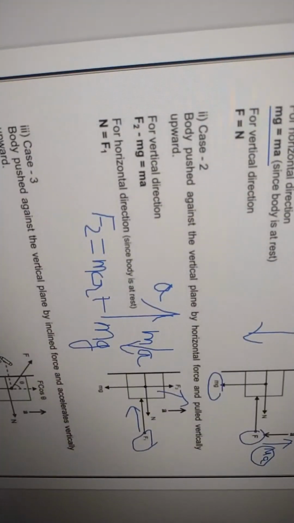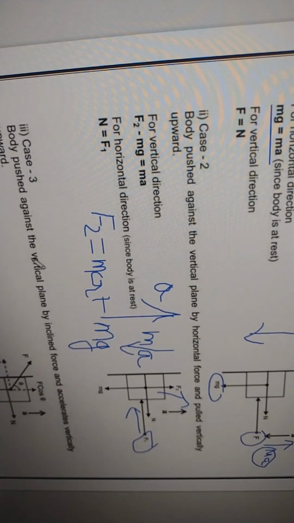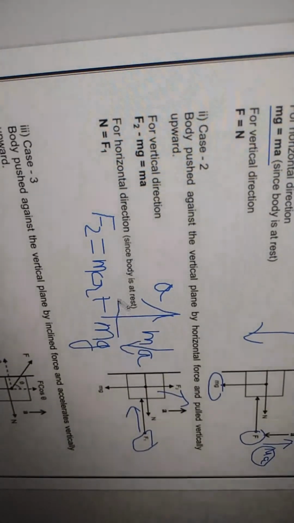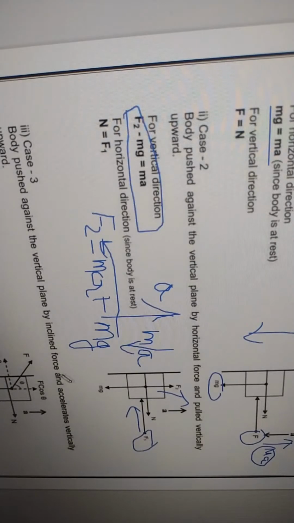So this is the equation. When we take mg to the left side, we get F2 minus mg equals ma. We get the same equation for the vertical direction by transferring mg.